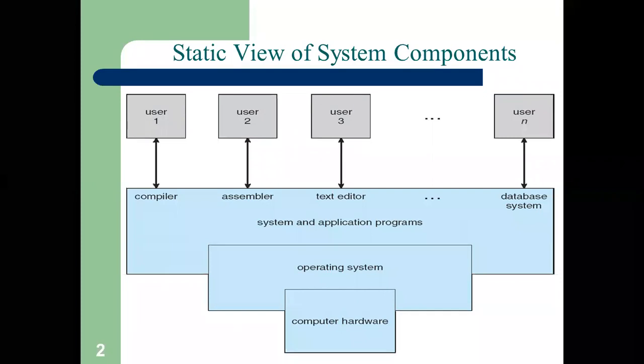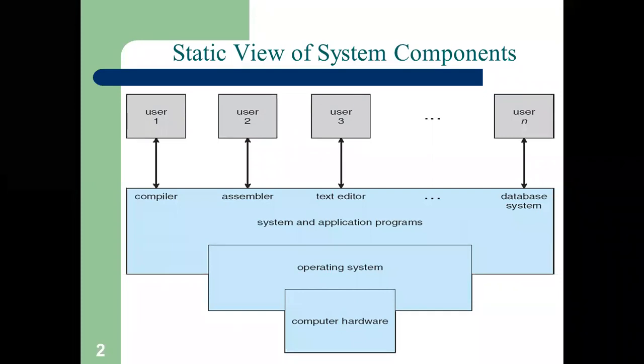Similarly, another system software is the assembler, which you have already used. The program is written in the form of mnemonics, and the assembler converts the assembly language of a particular machine into the machine language.